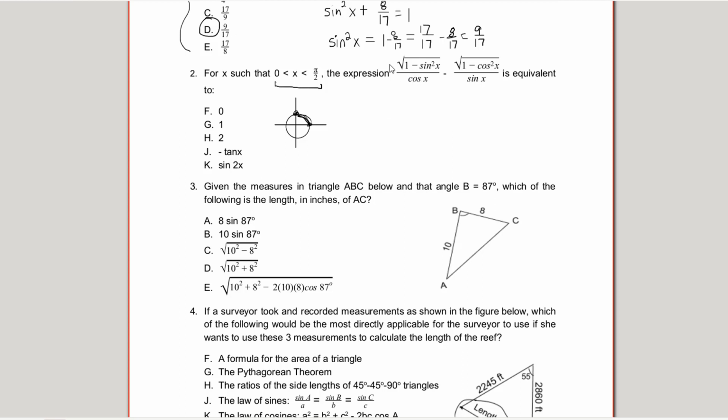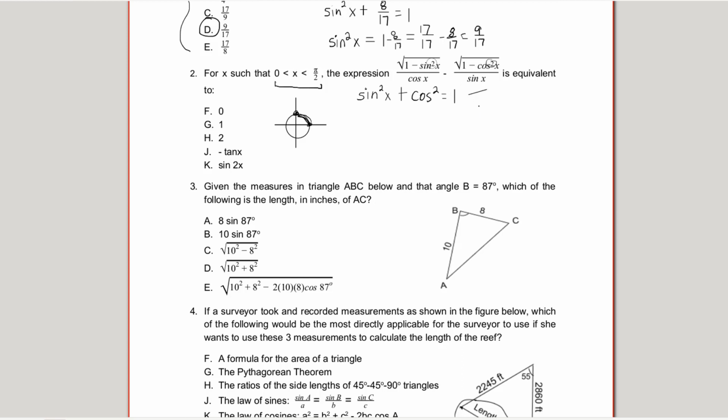Again, like I stated previously, anytime I'm seeing sine squared x or cosine squared x, I want to think about our identity sine squared x plus cosine squared x equals 1 and see if we can utilize that.